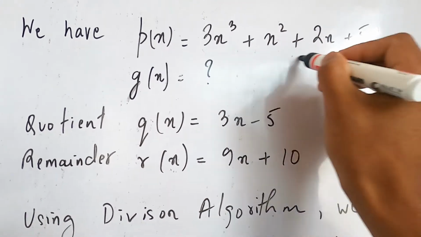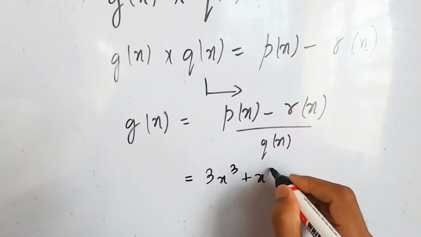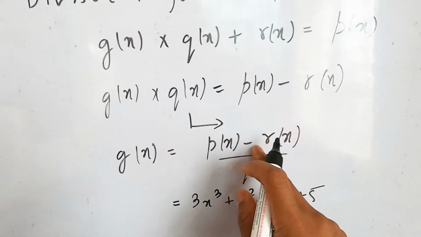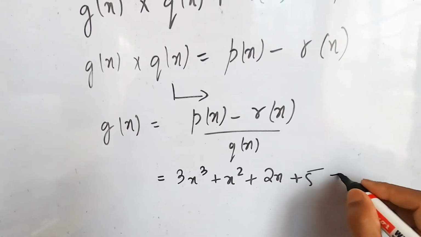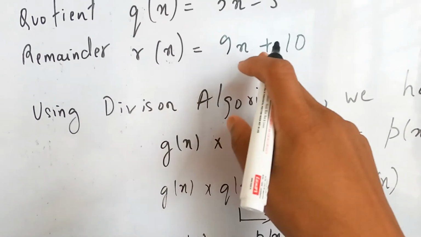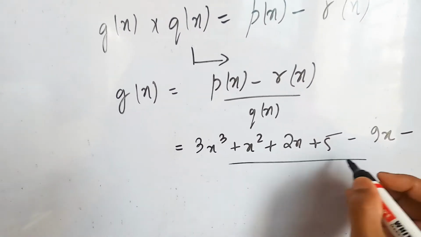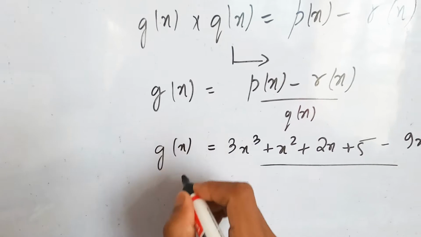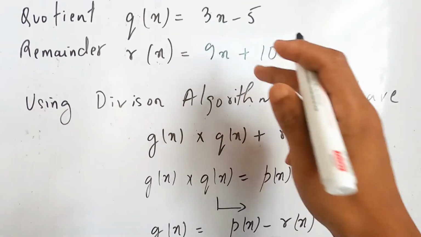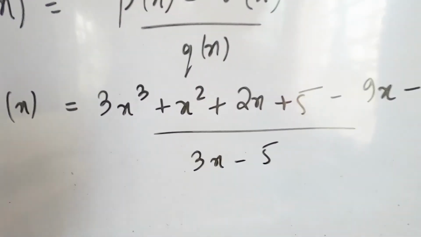It is this term. So we will write here 3x cubed plus x square plus 2x plus 5 minus the remainder, minus 9x minus 10, because minus into plus will be minus, divided by the quotient, which will be 3x minus 5.